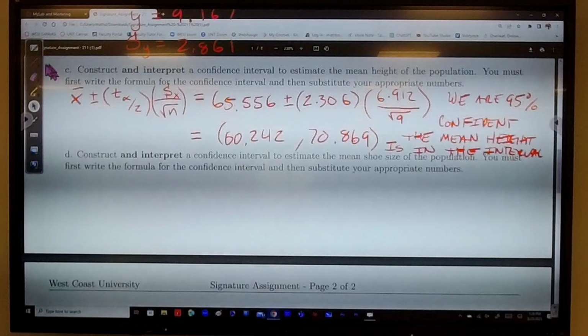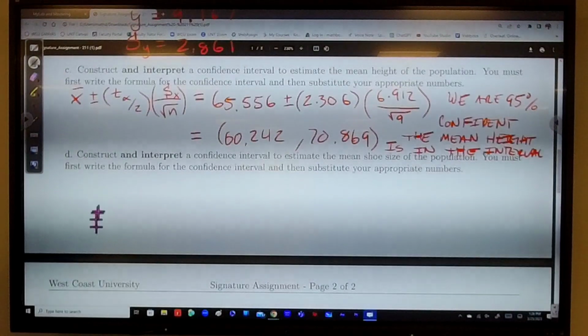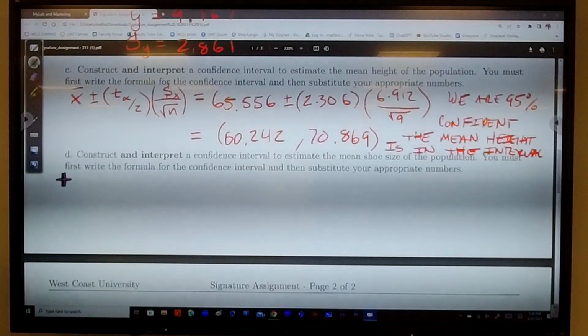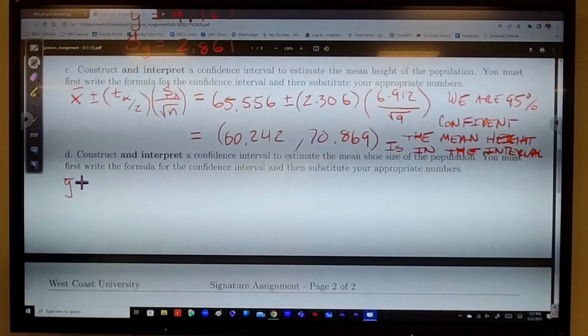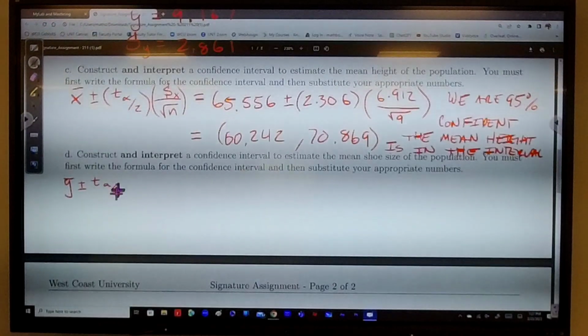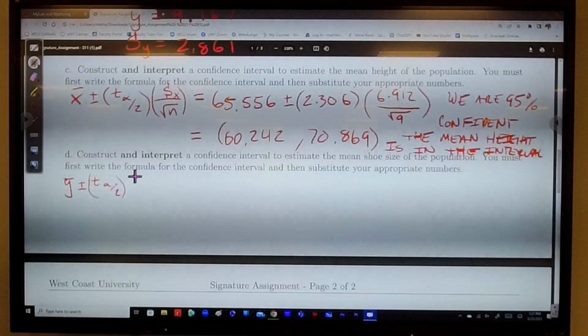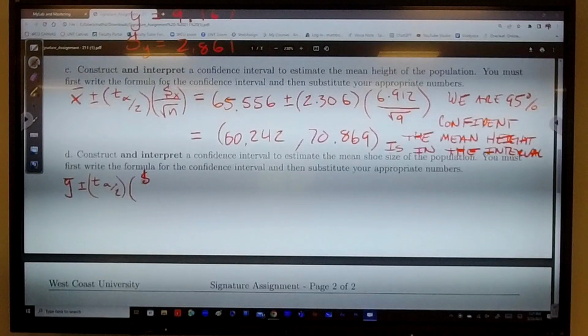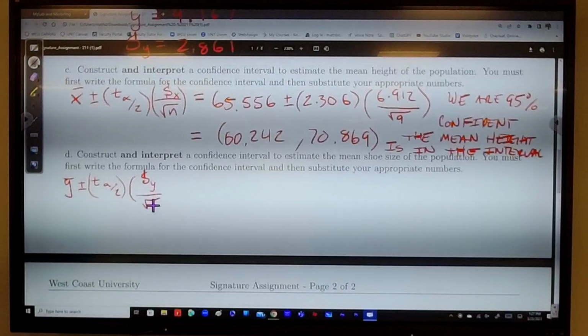And then we're supposed to do the same thing in part D, but now it's about the shoe size. So it's y bar plus or minus t sub alpha over 2 times s sub y over root n.